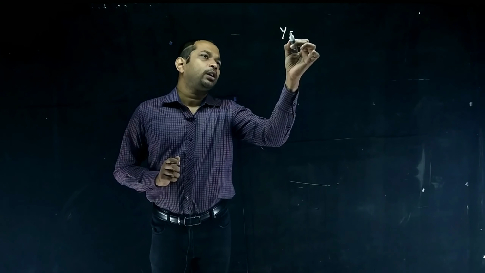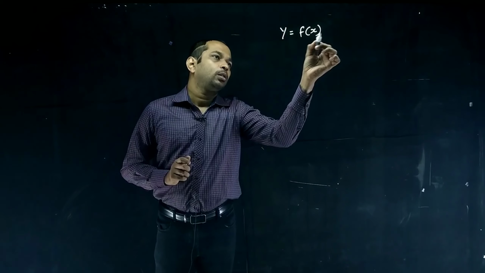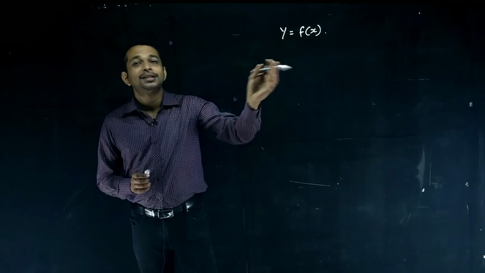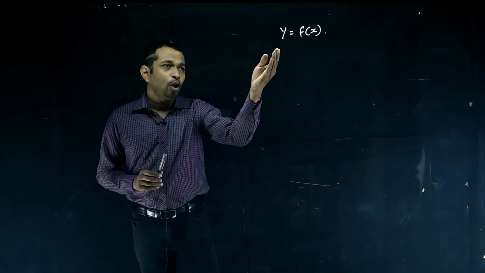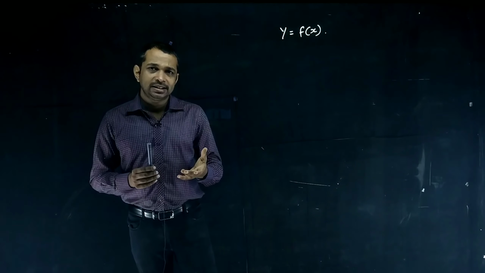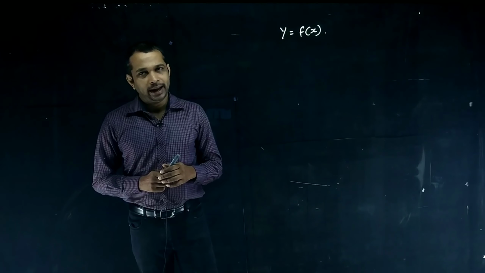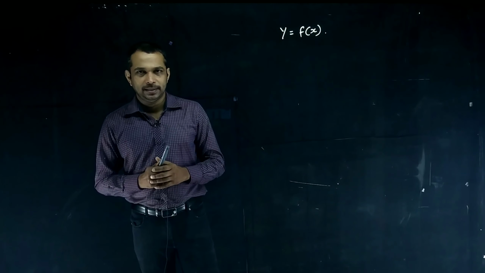Okay, suppose you have a function y equal to f of x. So what does this mean? First of all, it means the value of y is changing according to the value of x by some method.